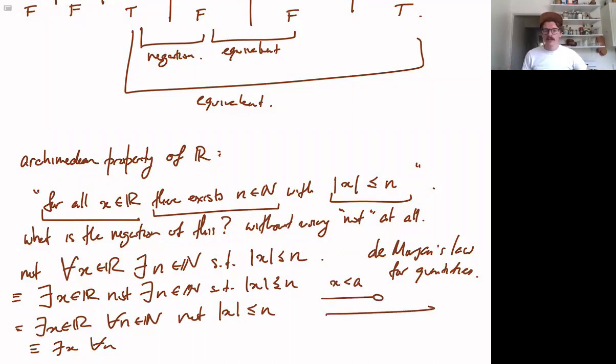What is the negation in the sense of the complementary thing? It is this with the thing filled in. So this is x greater or equal to a. So to negate this thing, we should get there exists x such that for all n, absolute value of x is strictly greater than n.